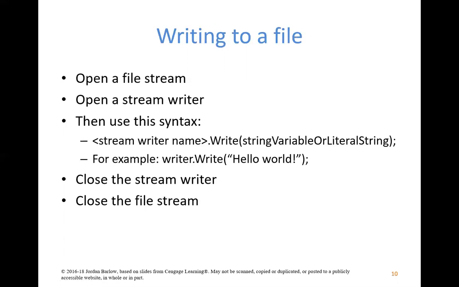So here's another slide to have just as a reference. You open the file stream using the syntax that was taught to you, and then you open the stream writer.